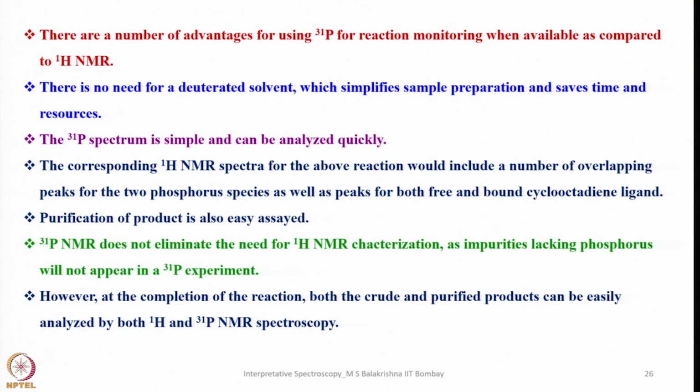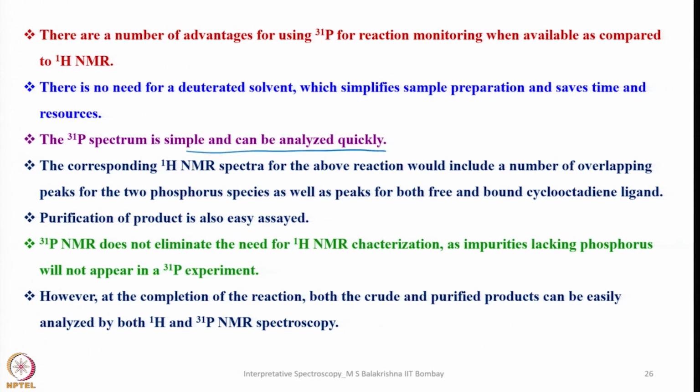That means when we are doing a continuous reaction, especially in homogeneous catalysis, instead of doing a batch reaction, we can take a liquid at regular intervals, and provided we have phosphorus moieties in it, we can readily monitor without going to expensive deuterated solvents. So the 31P NMR spectrum is simple and can be analyzed very quickly.